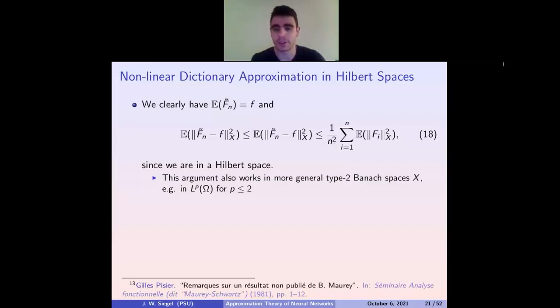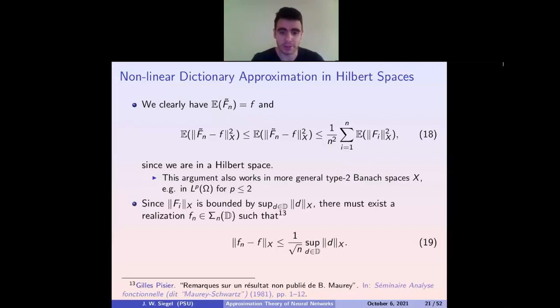That's just a fairly straightforward calculation, and this also works more generally, not just in Hilbert spaces, but in other types of Banach spaces as well. This should be greater than or equal to 2, and less than infinity. So what this tells us is that since the expected error basically goes as 1 over root n, because the variance goes as 1 over n, there must exist some nonlinear dictionary expansion that achieves that rate.